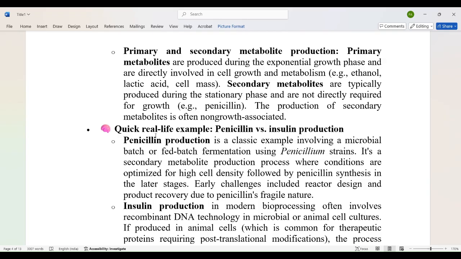I would like to mention one or two real life examples. If you are aware of a strain named Chromobacterium violaceum, it produces PHA and PHB, that is polyhydroxy acids, the precursors of bioplastic.